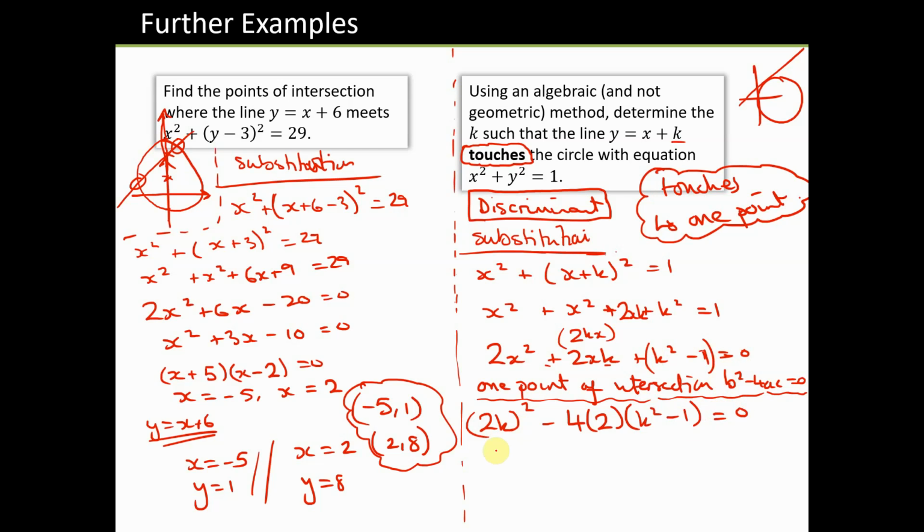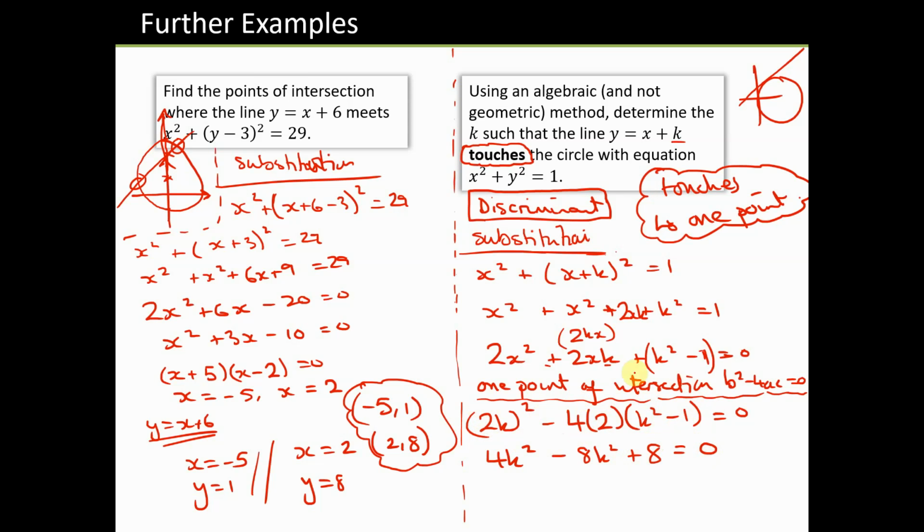So when I expand this, again, this isn't just turning into 2k squared, you've got to square all of it, so it's 4k squared minus 8 times k squared, so minus 8k squared, and minus 8 times minus 1, so that's positive 8. There's two things that people could trip up on there: having that as a 2, and having that as a negative number.